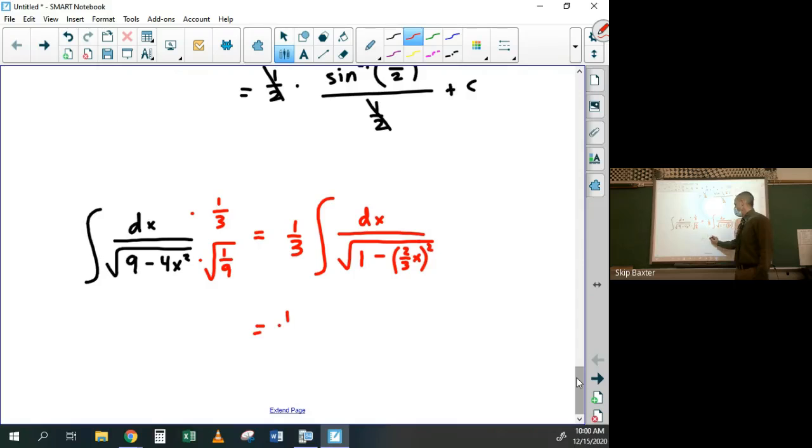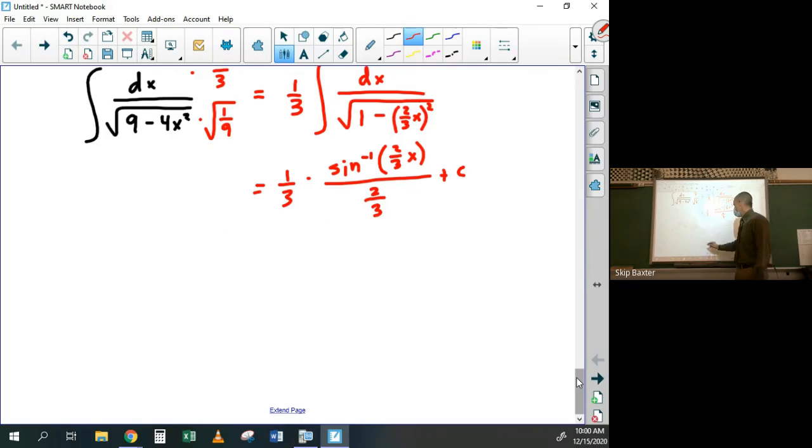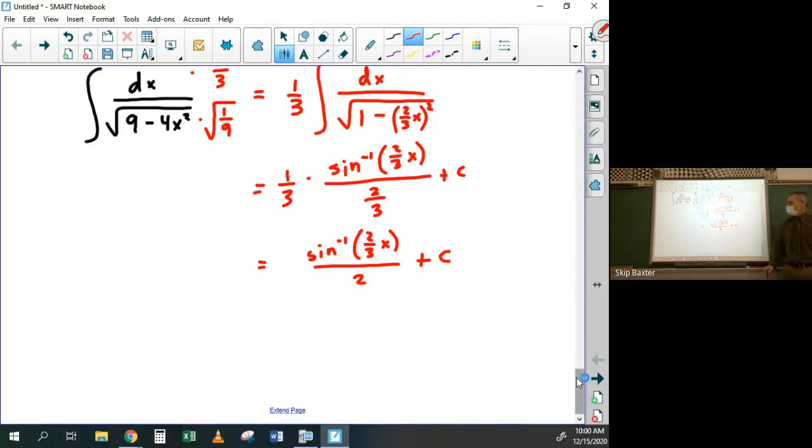So the answer is 1/3 inverse sine of 2/3 x divided by 2/3, which 1/3 divided by 2/3 is 1/2, right? So it would be inverse sine of 2/3 x divided by 2 plus c. That make sense?